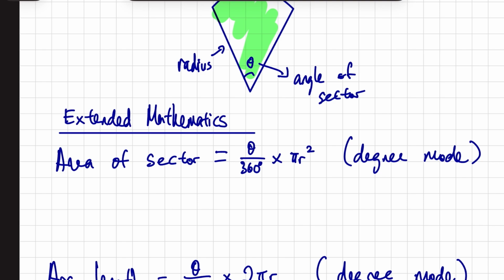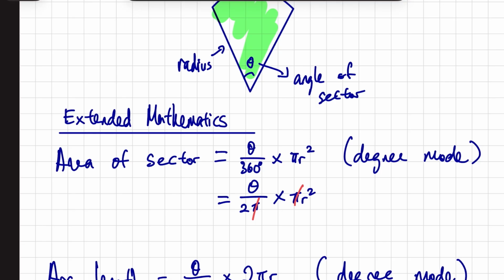Now, if we want to convert that into radian mode, all we want to do is convert all the degrees in this formula into radians. Since we know that 180 degrees equals pi radian, 360 degrees would be 2 pi radian. And we multiply by pi r squared. Pi and pi cancel out because they are common factors.